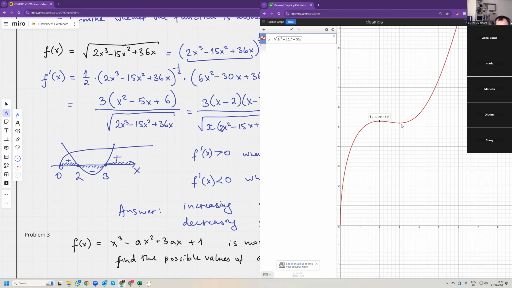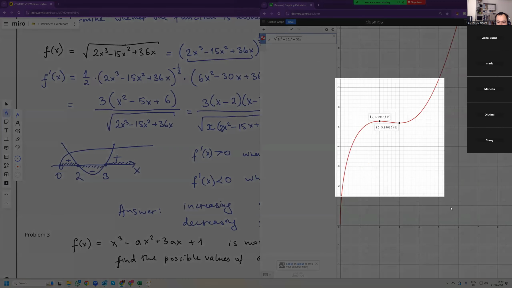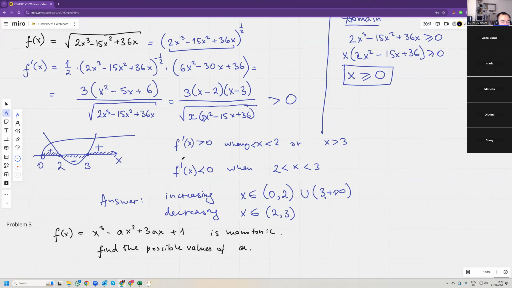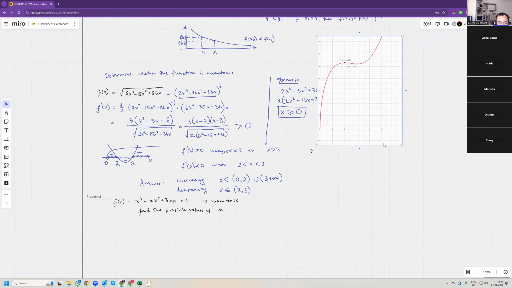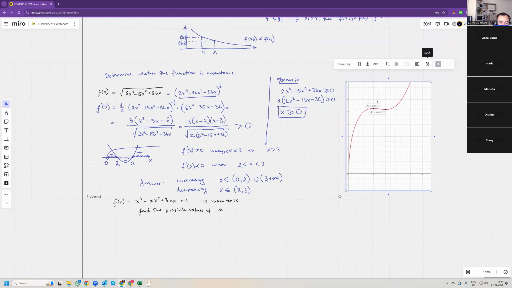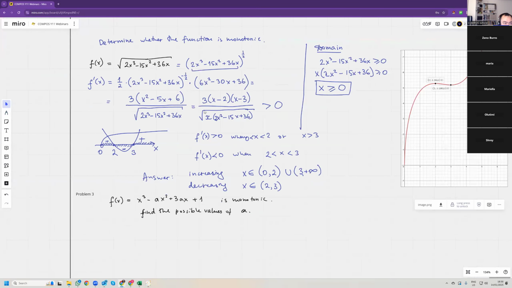So this is 2, this is 3. So it's increasing from 0 to 2, decreasing from 2 to 3, and increasing from 3 to infinity. Does that make sense? So you can test. Between 0 and 2, it's positive. Between 2 and 3, it's negative. Between 3 and infinity, it's positive.